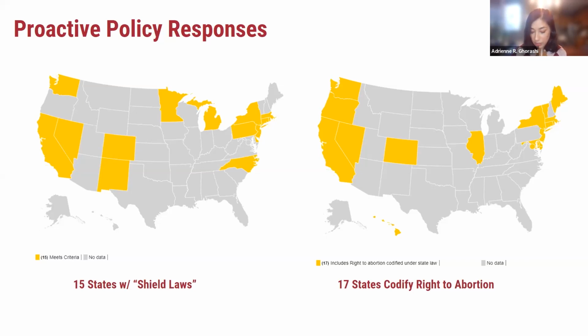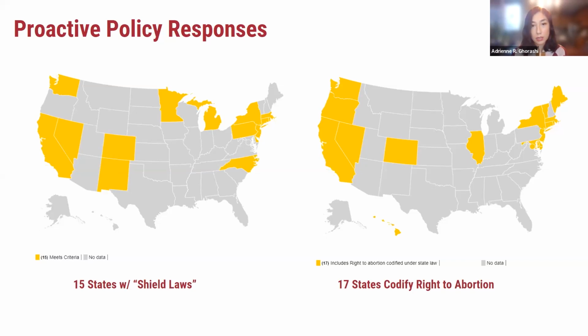Other types of protections captured by the database include expanded provider eligibility, mandatory insurance coverage, increased funding for abortion, clinic protections, and data privacy measures. And it's just as important, if not more, to track these proactive policy responses and see how they're being adopted and amended as we continue looking at the effects on abortion access.